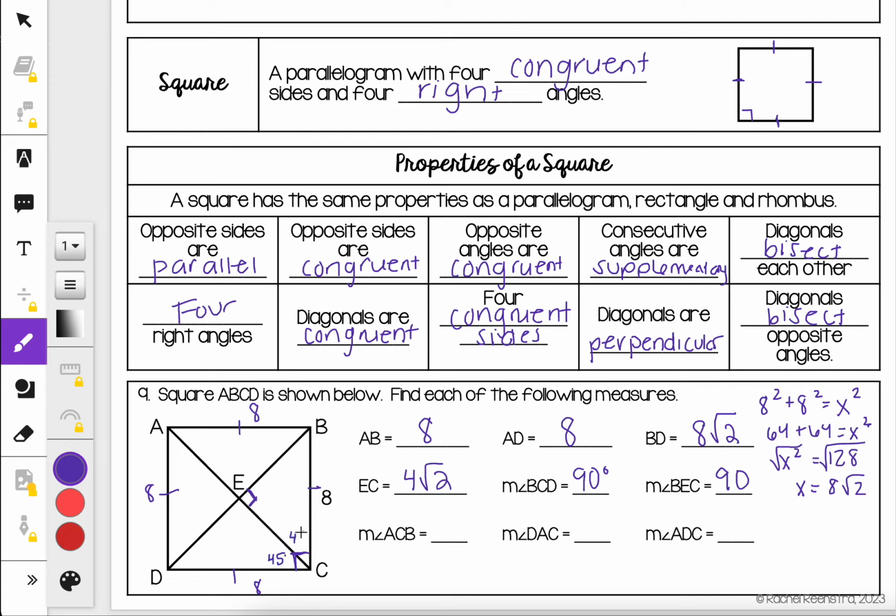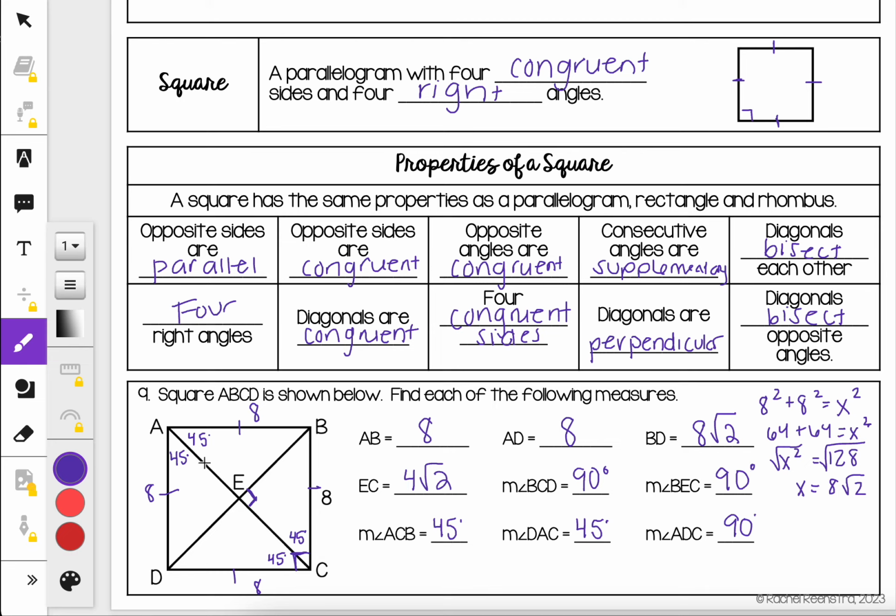And 90 divided by 2 is 45. So ACB is going to be 45 degrees. The measure of DAC is also going to be 45 degrees. And then ADC is also going to be 90 degrees.